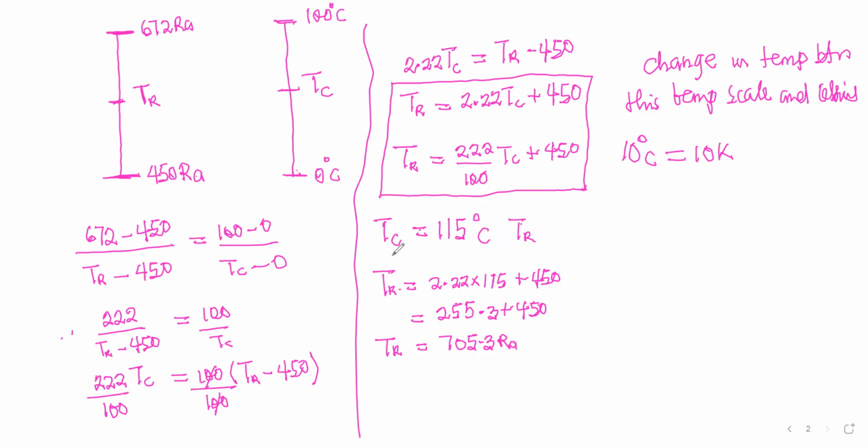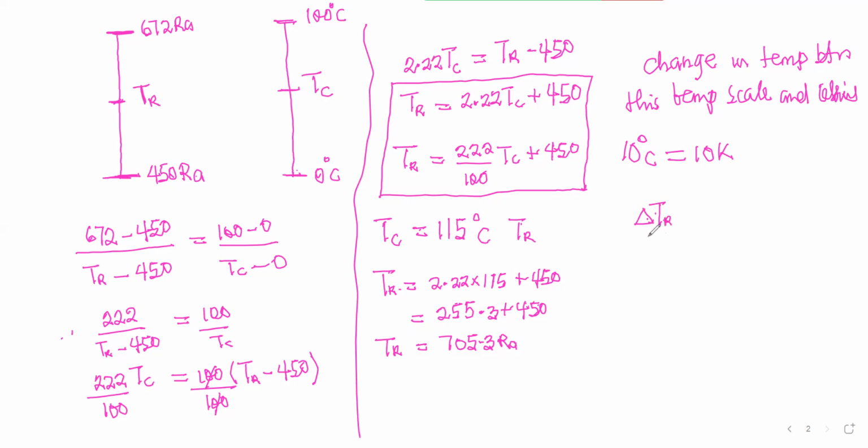Okay, we shall see. So let's go through it for the sake of time. All right, so how do we determine the change in temperature between this scale and the Celsius scale?